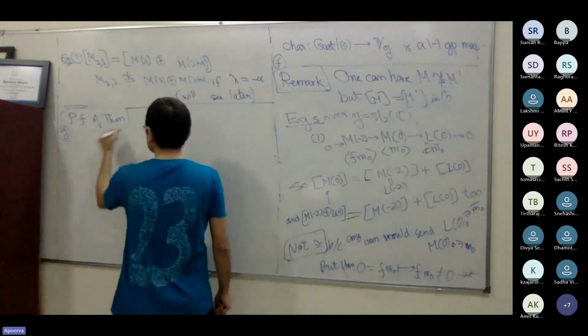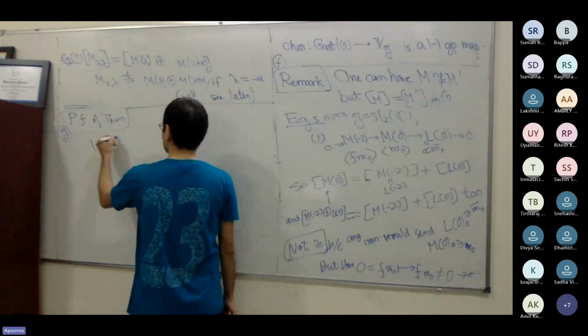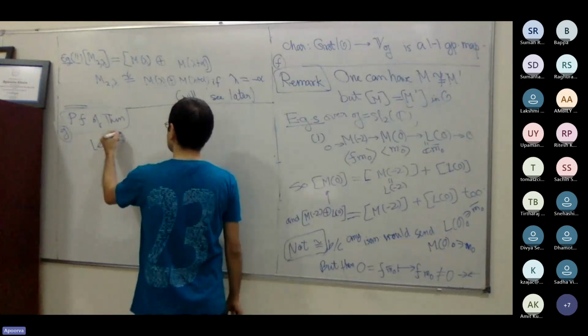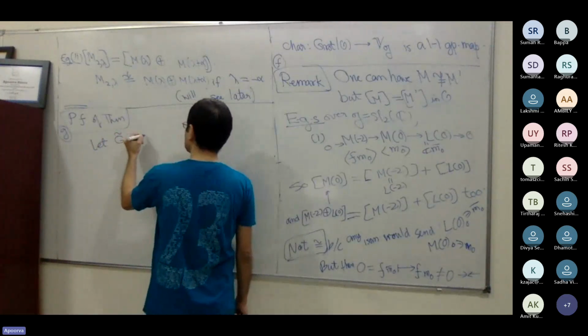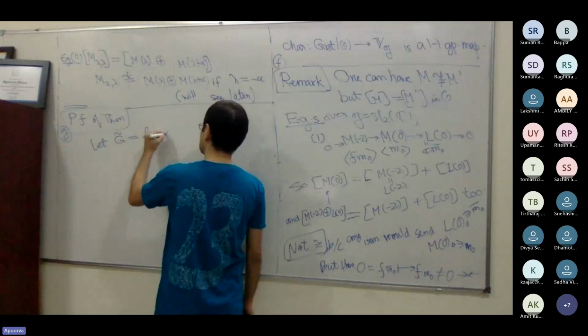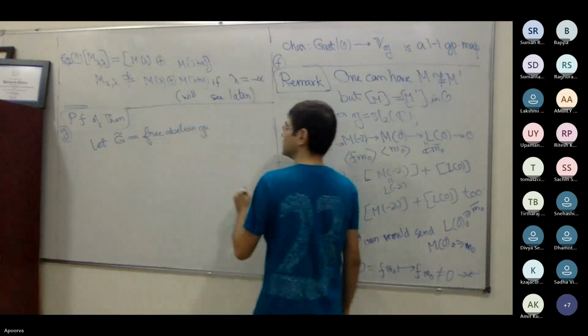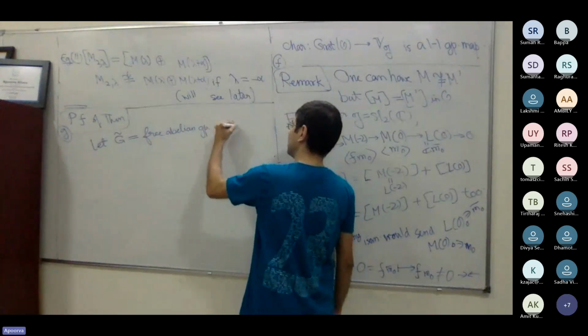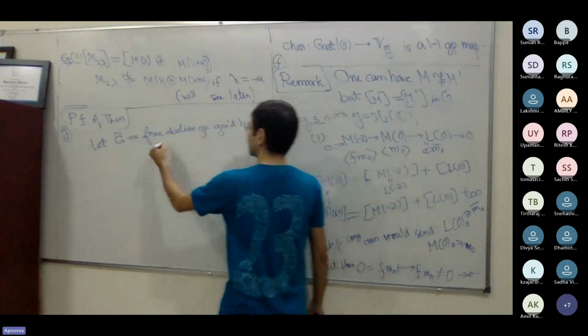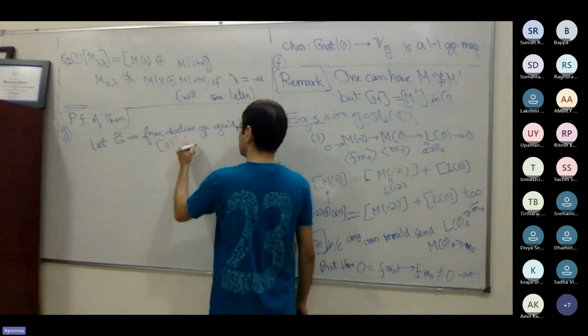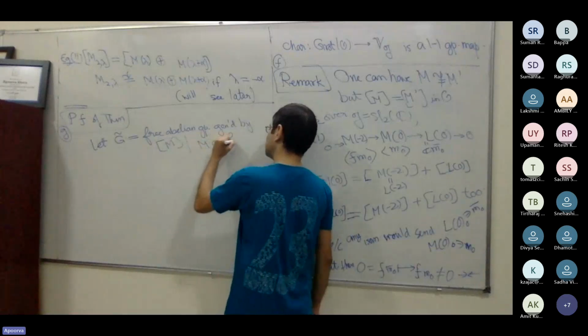Okay, so define. Let me call it G tilde the free abelian group generated by the character of the iso class of M for all objects.